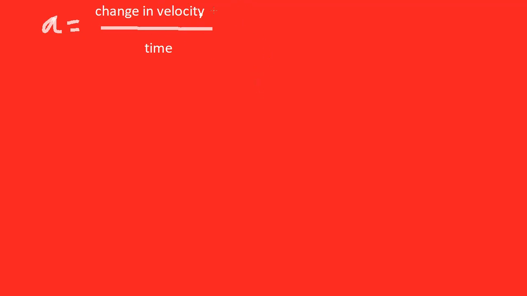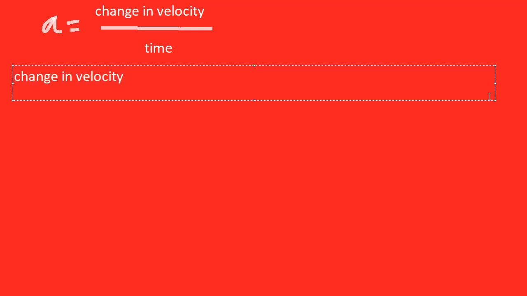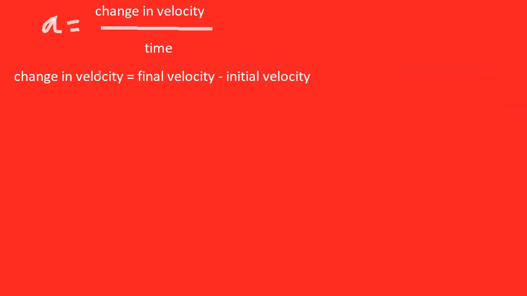So what is the change in velocity? The change in velocity is actually the difference between the final velocity of the body and the initial velocity of the body. So change in velocity is equal to the final velocity minus the initial velocity of the body, right? Hence we can put down acceleration in the following manner.